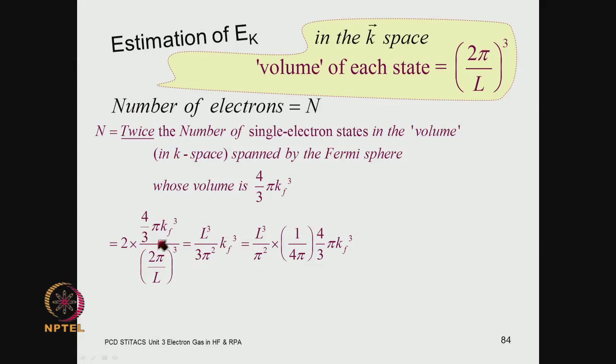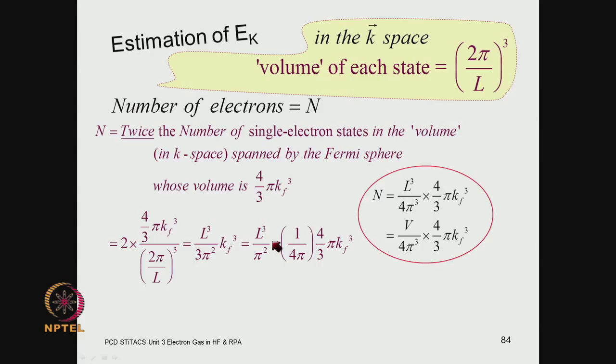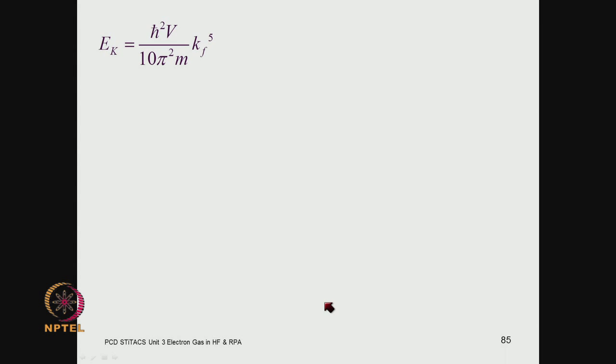So you have twice 4/3 π k³, which is this Fermi sphere, divided by the volume of each state, which is (2π/L)³, and then you can rearrange these terms, do a little bit of simplification, which is quite straightforward, and you find that this N turns out to be given by the cube of this k, and k turns out to be the 1/3 power of N over V, which is the density.